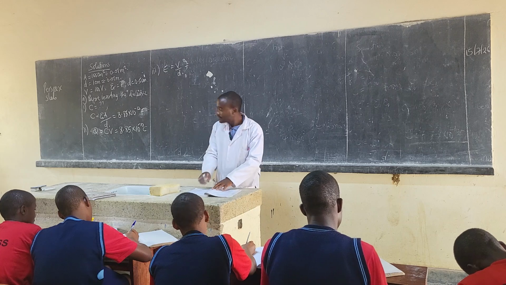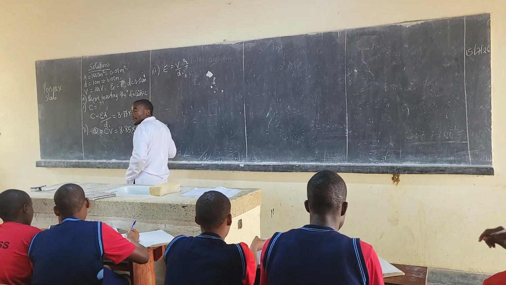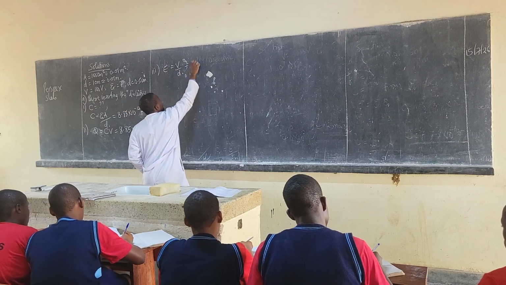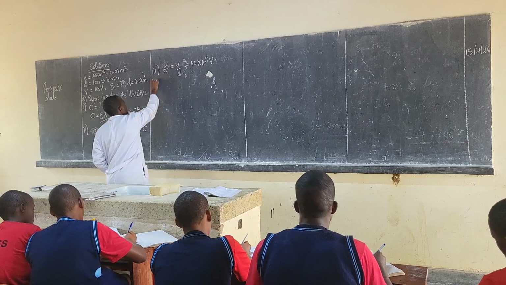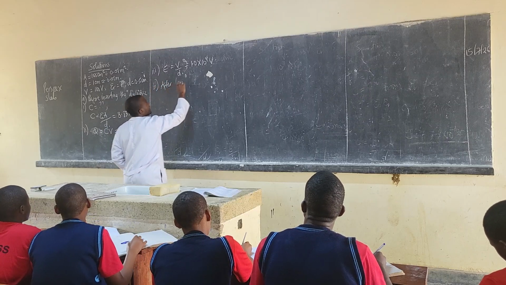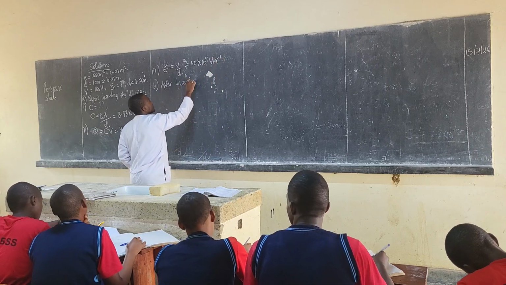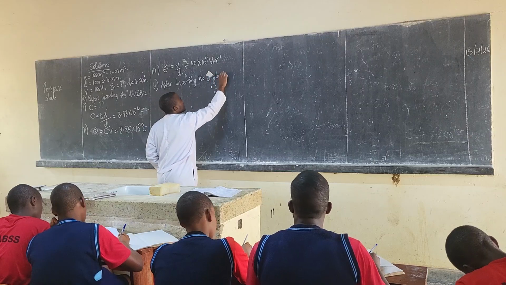Give it to me in scientific notation. 1 exponent 4, volts per meter. Part B. After inserting the what? The dielectric.